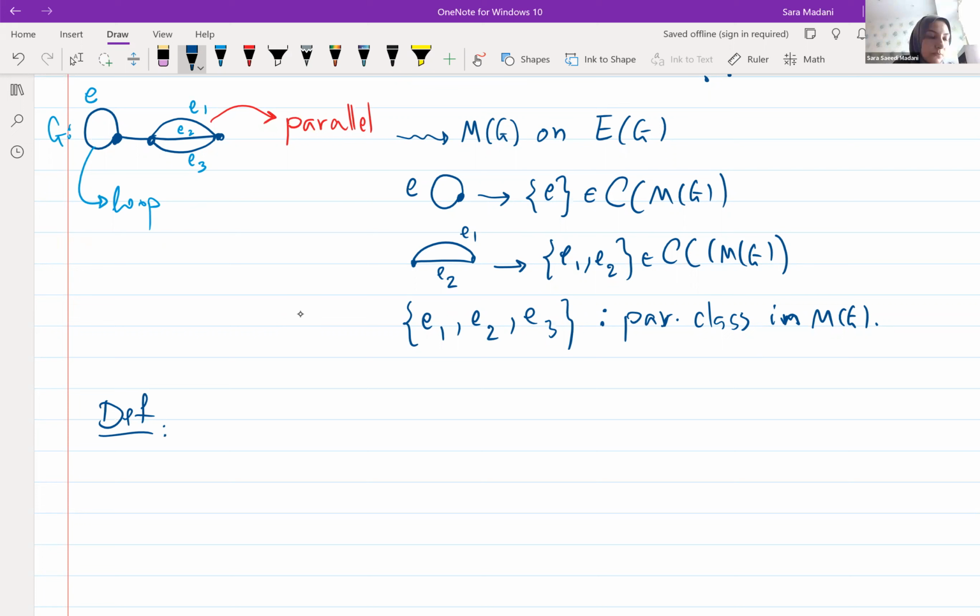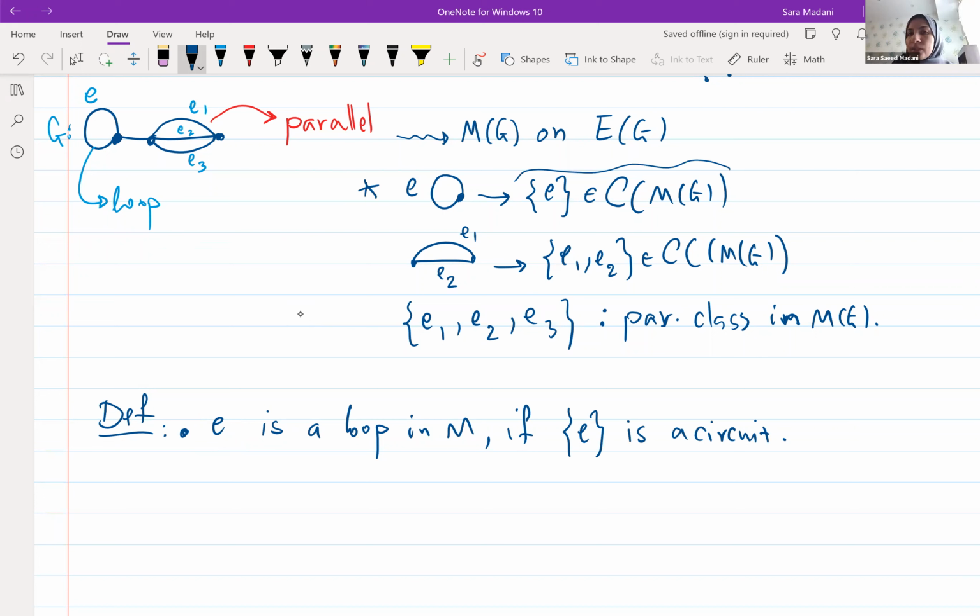In general, for any matroid M, we just say that an element E is a loop in M if this set is a circuit.